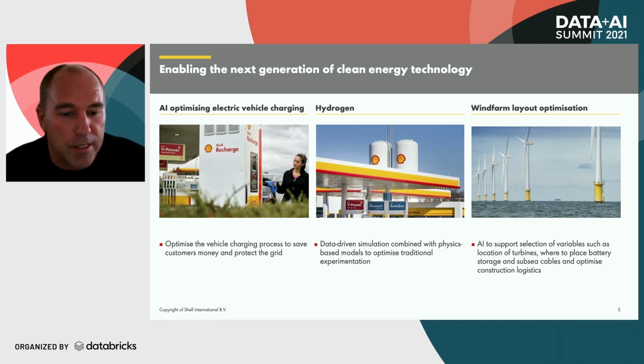And so we're using data to build data-driven simulation models combined with physics-based models to optimize traditional experimentation. And lastly, we are also doing a lot of work around using data in wind farms. Building wind farms is complex. How we do it and where we build it and how we should set that all up can be optimized. And so we're using data and AI to calculate how to do all of that.